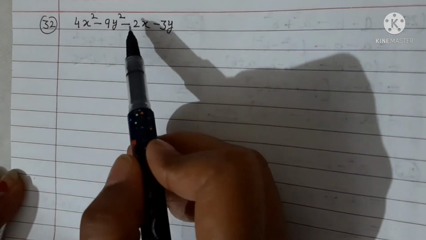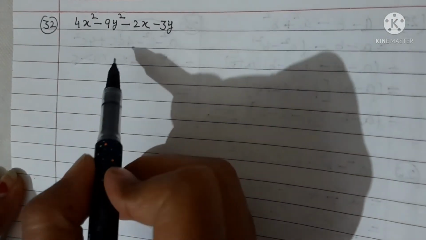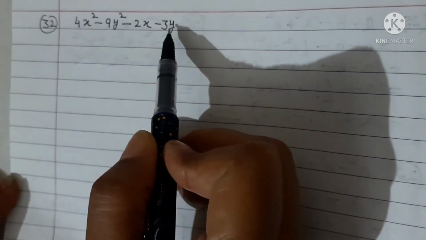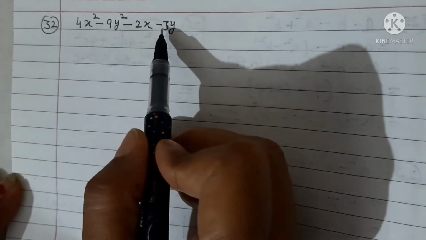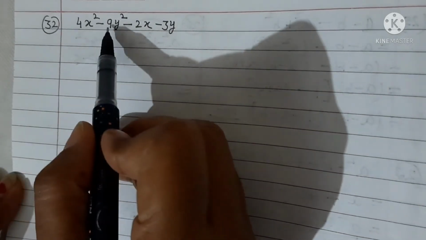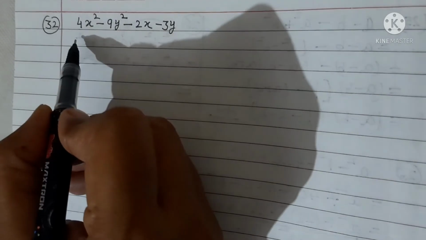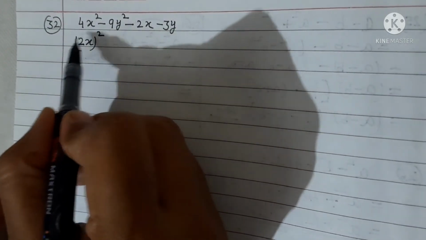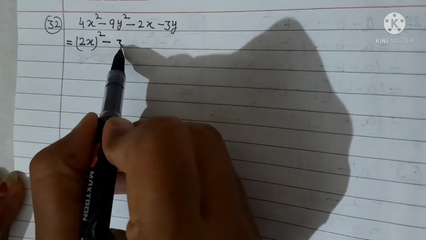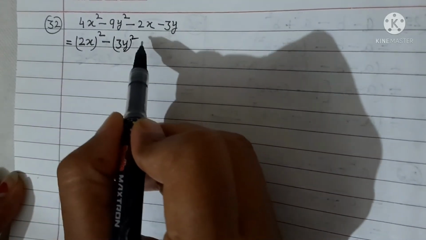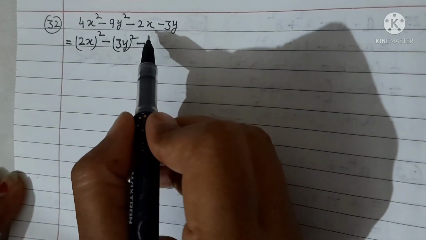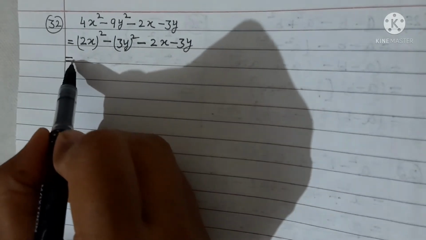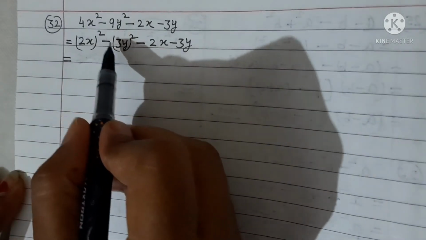4x square minus 9y square minus 2x minus 3y. So here see these two terms, and here also 2x minus 3y. It means 2x here, 3y here. You can make it 2x and 3y in this form by squaring, 2x whole square minus 3y whole square, minus 2x minus 3y, and this is of the form a square minus b square.